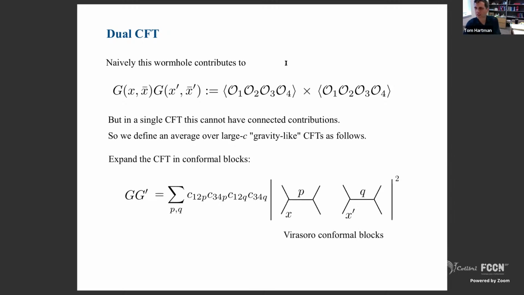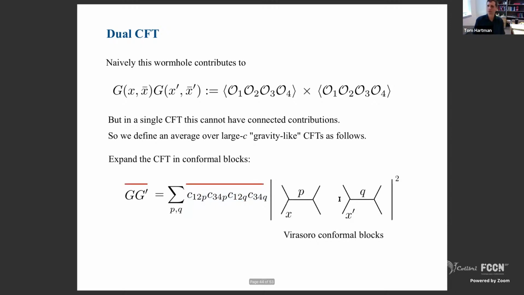First, expand the CFT observables in conformal blocks. Okay, so I've just taken the product of 4-point functions and expanded each 4-point function in Virasoro conformal blocks, so we get a double sum over primaries P and Q in 2 copies of the CFT. These are OPE coefficients, and these are Virasoro conformal blocks. So far, that's just true in any theory.